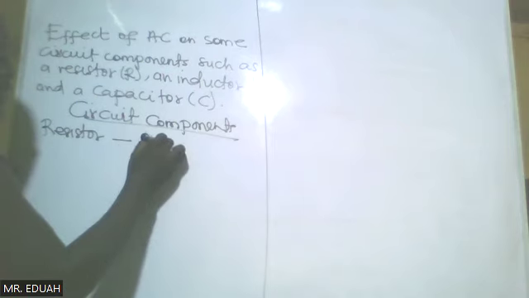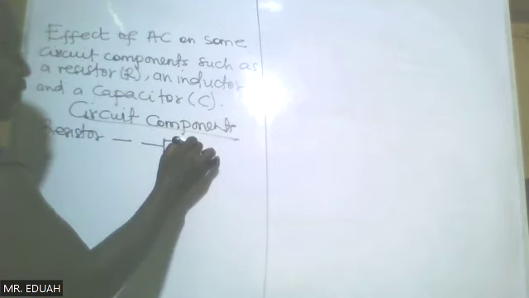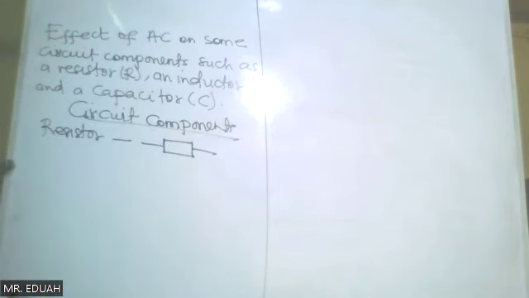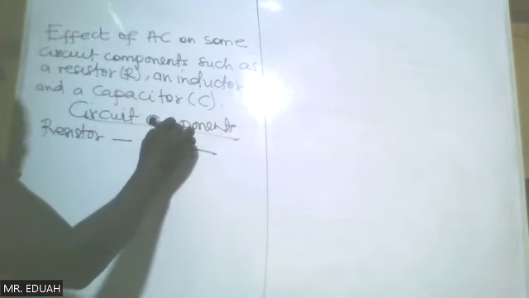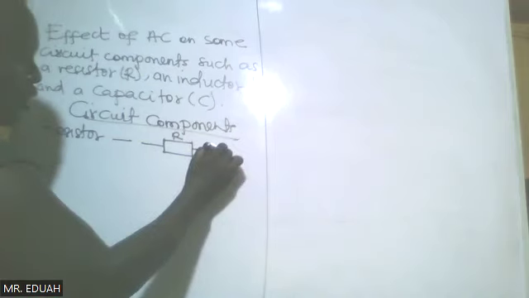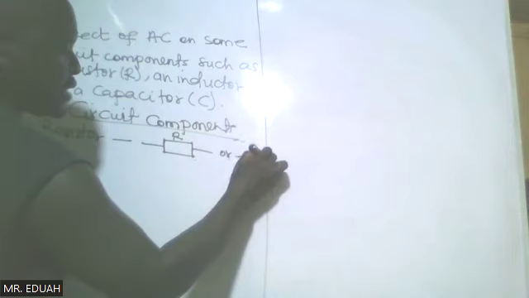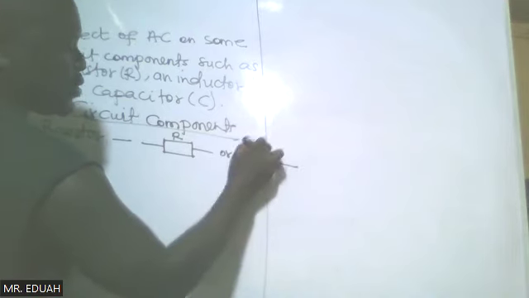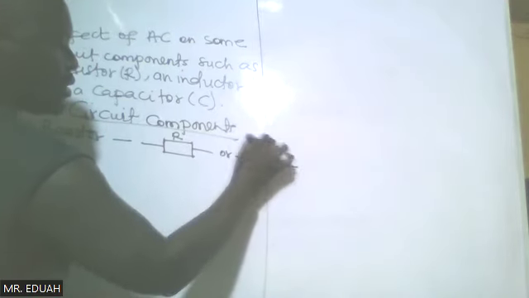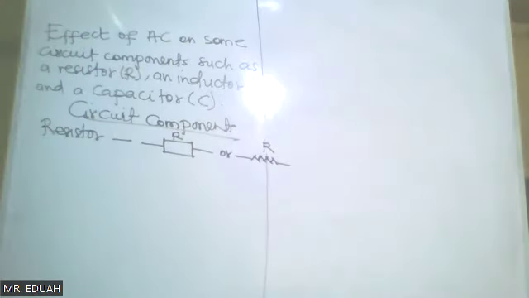So we have for a resistor, it isn't new to you because we've done this with DC, with R on top, or it is also represented as this, with R on top. So this is how in a circuit a resistor is represented.